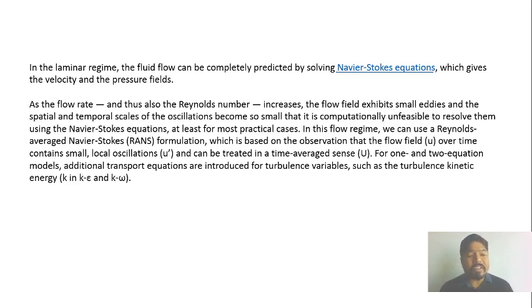Additional transport equations are introduced for turbulence models, such as the turbulent kinetic energy K in that flow field. So from this statement you can understand that when we have a laminar region, we can directly compute all the fluid parameters like velocity and pressure with the help of the Navier-Stokes equations.